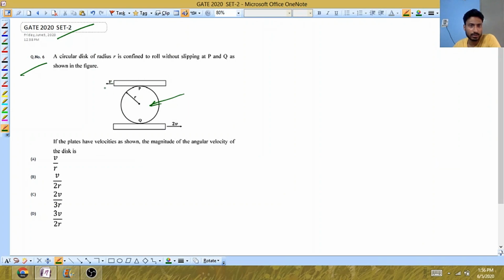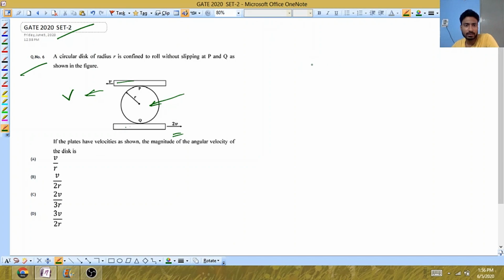At the top there is a slab, and it is moving this side with a velocity of v, and this lower slab is moving in right direction with a velocity of 2v. So they wanted to know what is the angular velocity of the disk due to this arrangement.